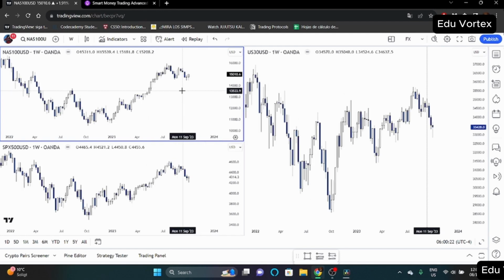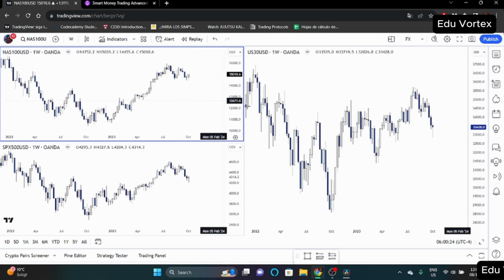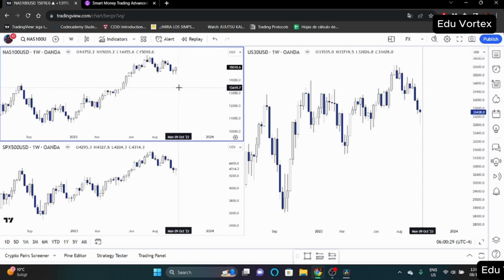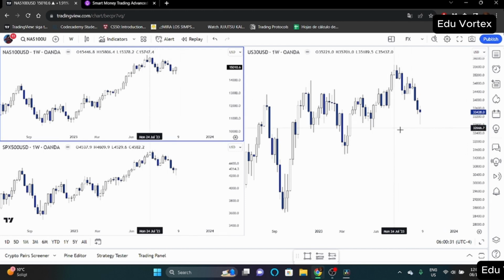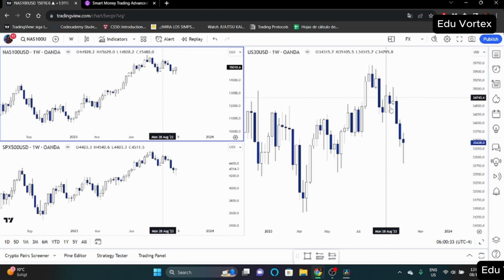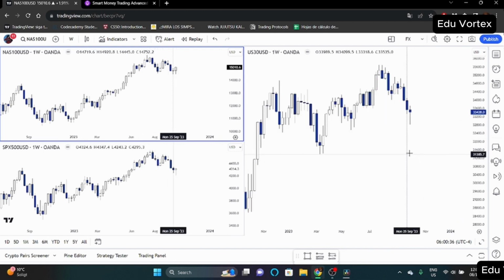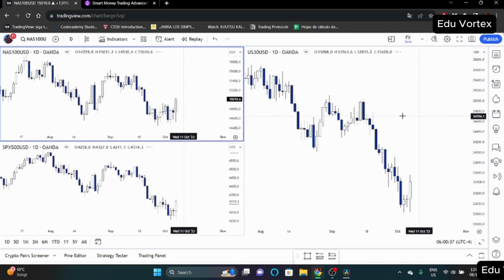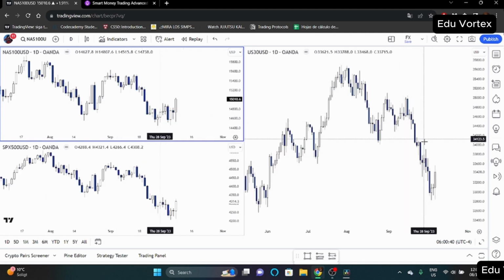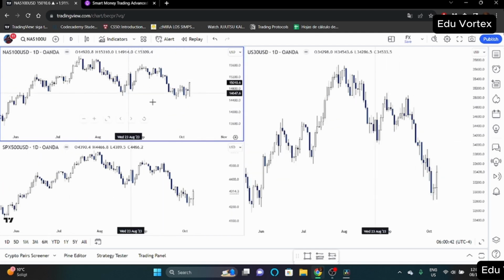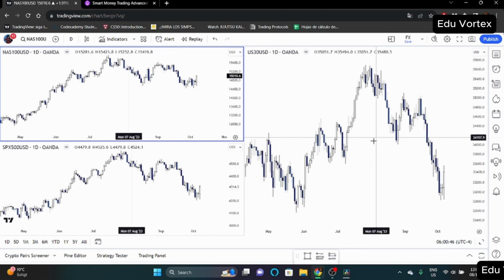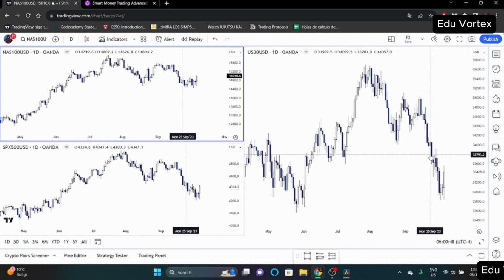Look at the weekly. What are we seeing here? The Dow, it's running lower, okay? Dow is running lower, while these ones are on a consolidation. So this is the relative strength analysis, like I already taught you, okay?